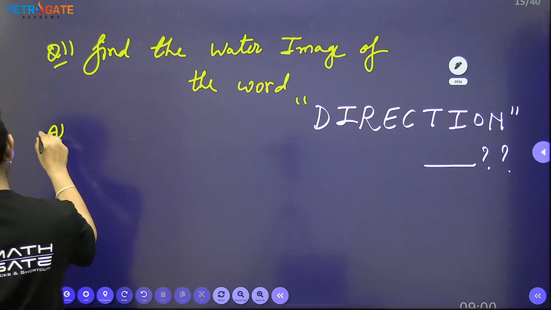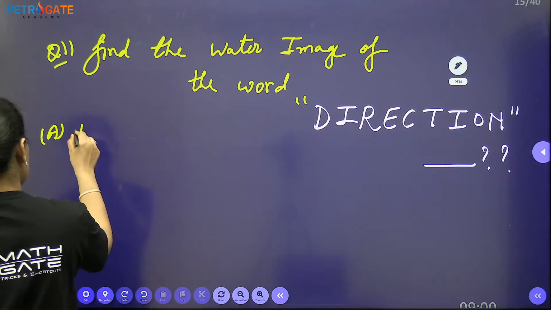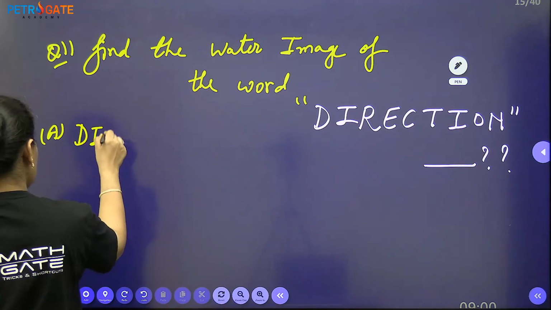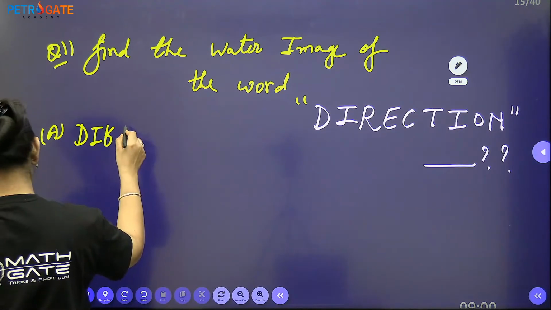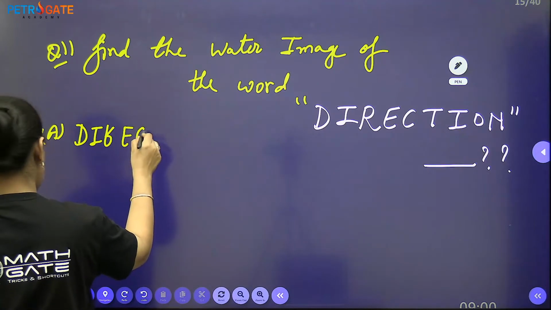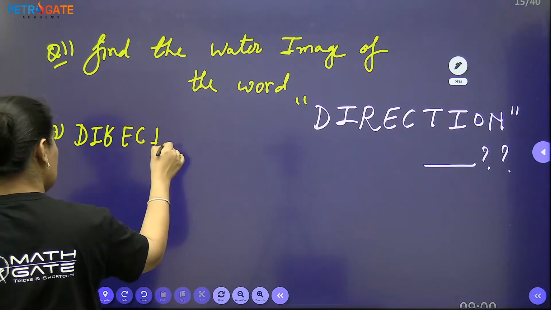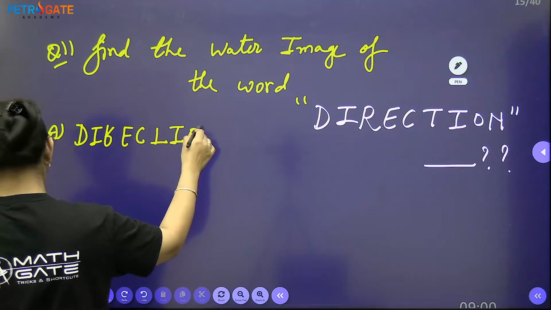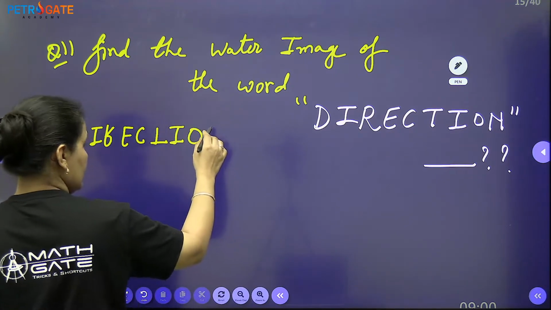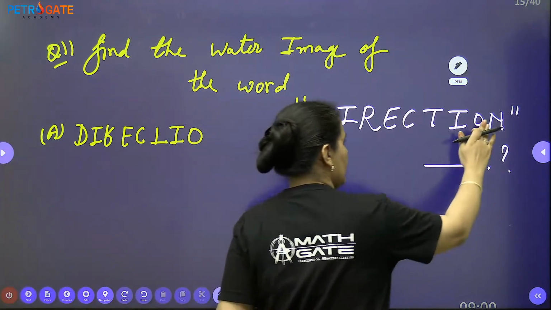Let me write down the options for you. The first is DIRECTION, and let me write down N as N only.